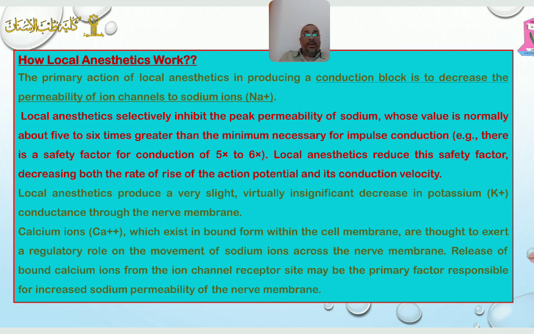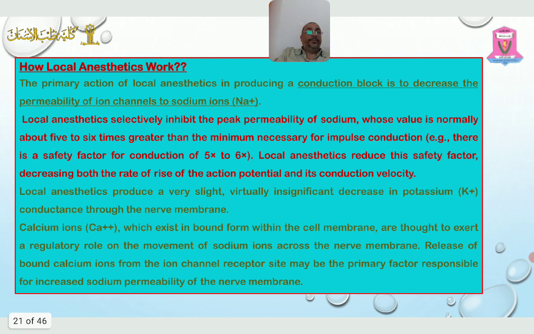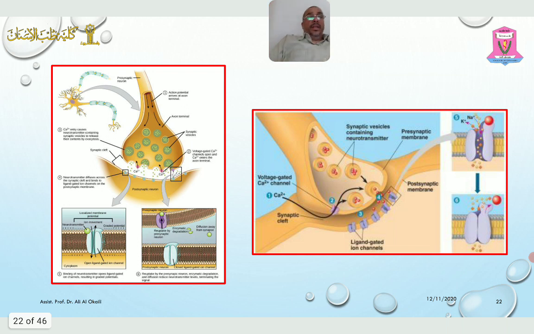Release of bound calcium ions from the ion channel receptor sites may be the primary factor responsible for increased sodium permeability of the nerve membrane. هاي هنا صور توضح الساينابس between the nerve ending and the effector organ.